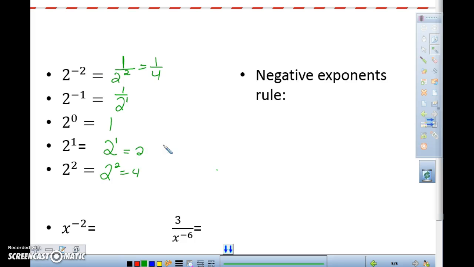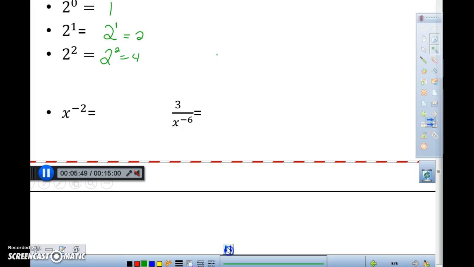So what you can see here is when it's negative, it's almost like it's the same as 2 squared, but they're reciprocals. Yes. They just get flipped over. The negative exponent means flip it over and make it a positive exponent. So let's look at some with x's in them.